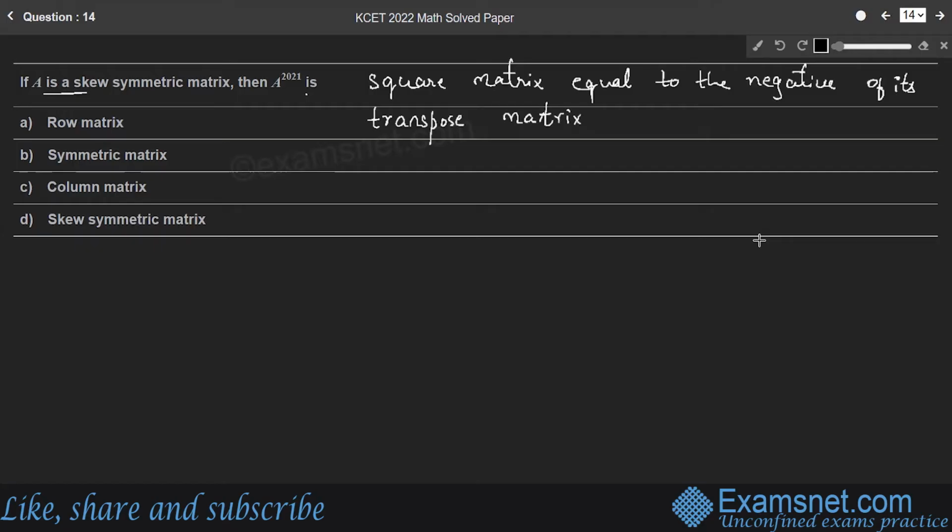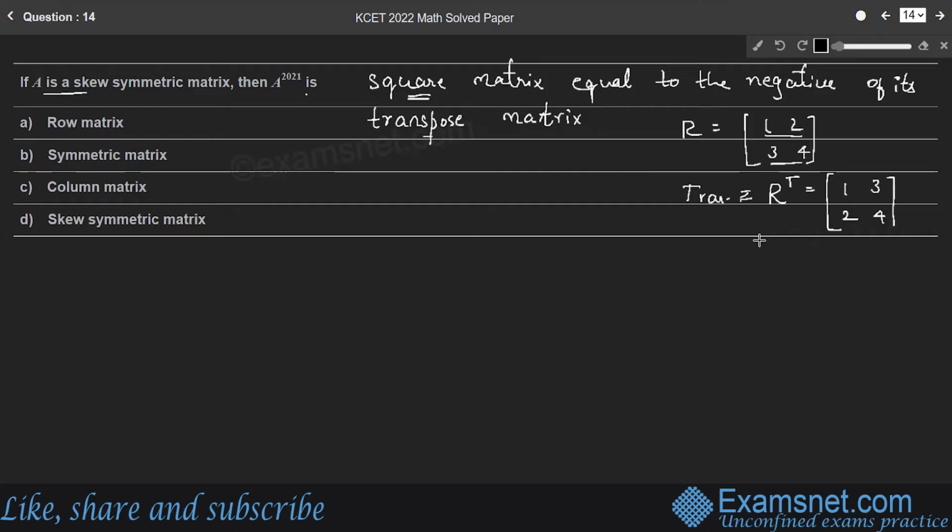For example, consider a square matrix [[1, 2], [3, 4]]. If R is a matrix, its transpose matrix is R T. Just interchange rows and columns: the first row becomes the first column, and the second row becomes the second column.